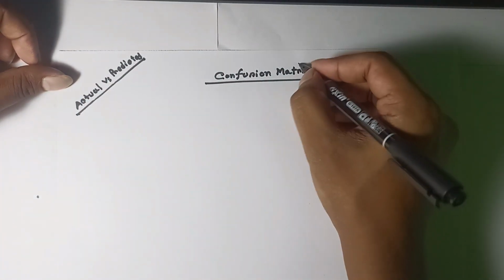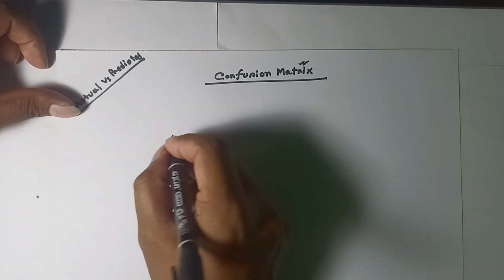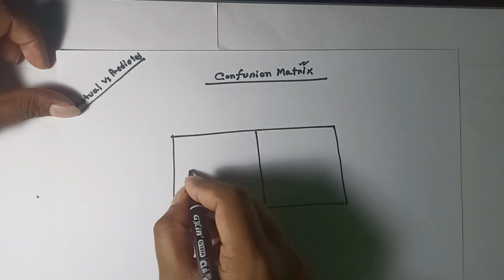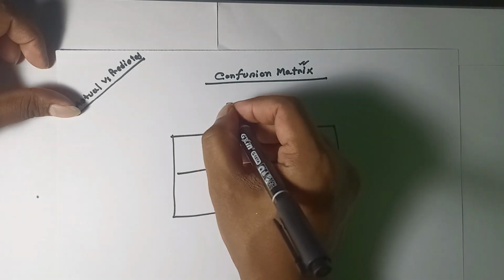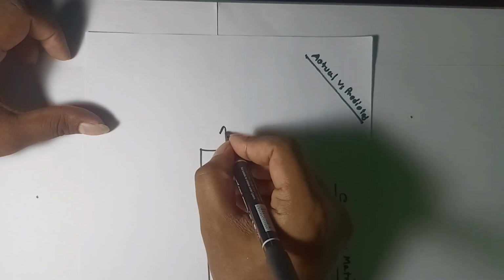First of all, construct a matrix, then we will understand confusion matrix. So this is a 2 by 2 matrix, and here we will put predicted, and here will be our actual.